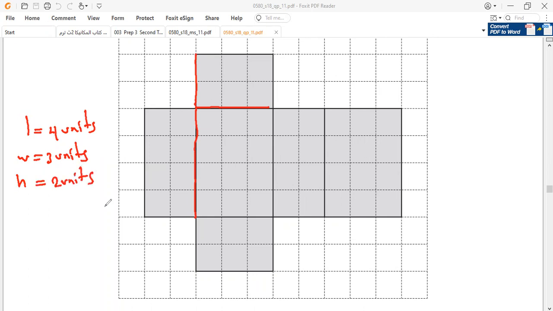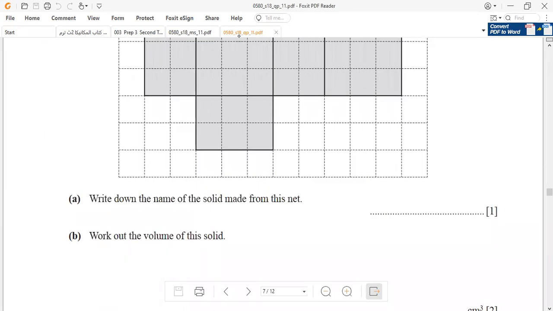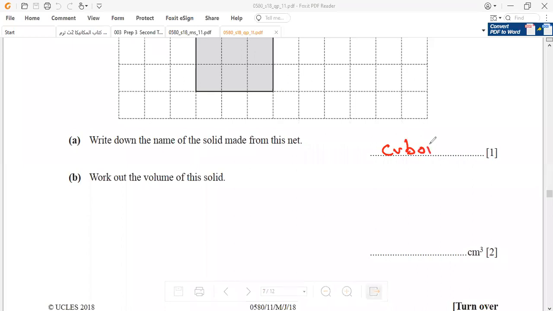So the dimensions are not the same. 4, 3, 2 is not a cube, it's a cuboid. So we will write here the name is cuboid.